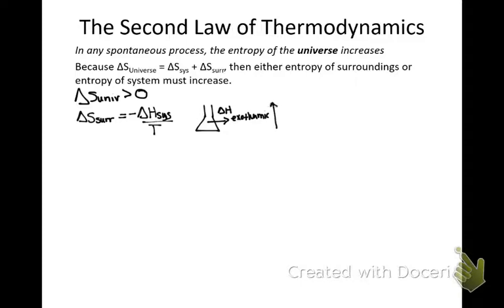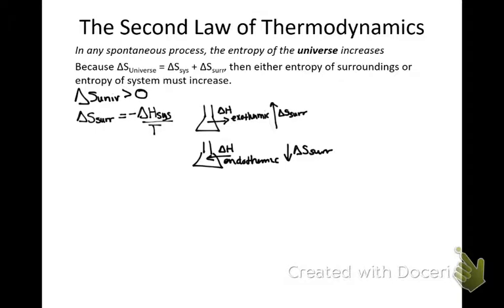And we said before that raising the temperature of the surroundings increases delta S. So an exothermic reaction increases delta S of the surroundings. In the same way, if you had an endothermic reaction, then the surroundings would decrease in temperature as the heat went from the surroundings into the reaction. And so that would mean that delta S of the surroundings decreased.